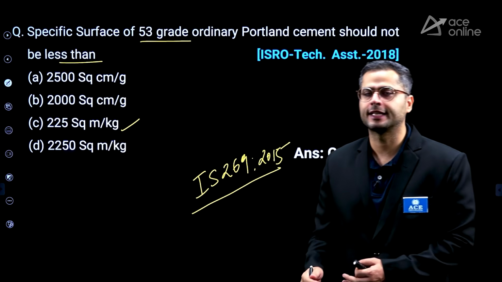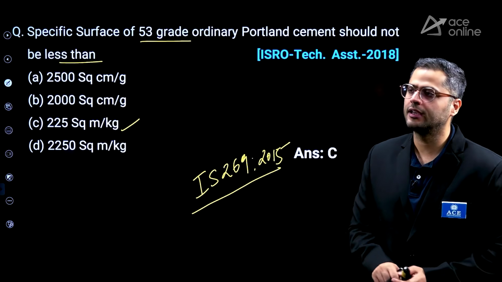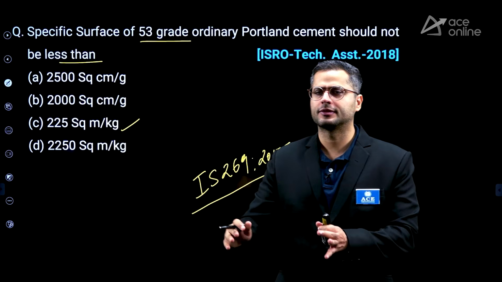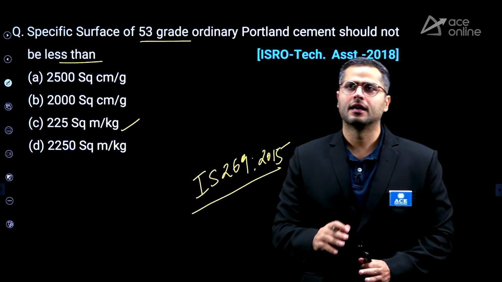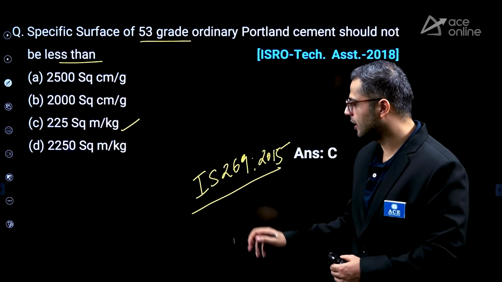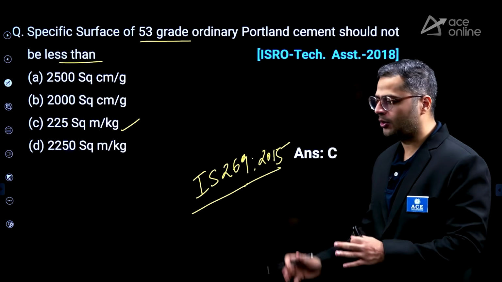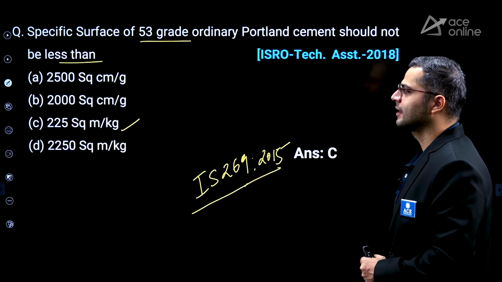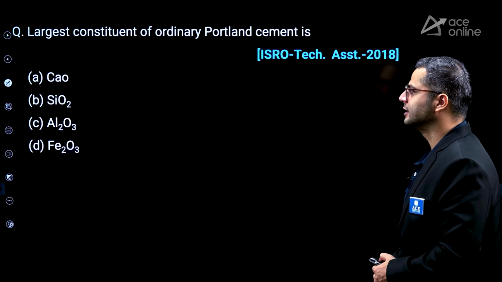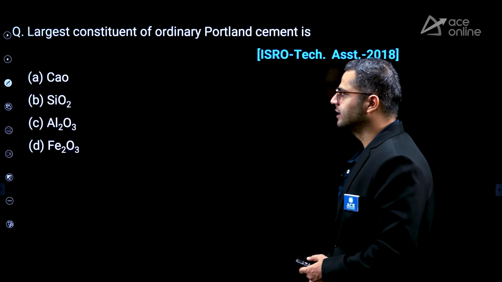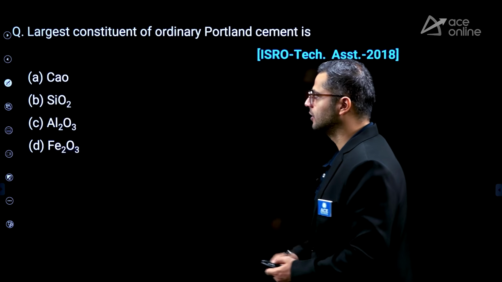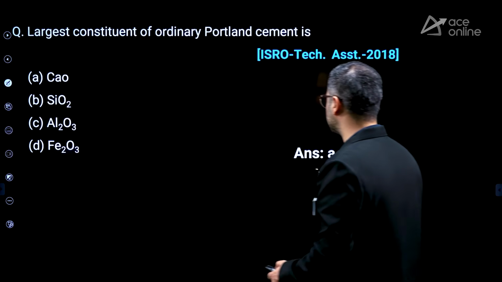So previously, for OPC grade 33, OPC grade 43 and OPC grade 53, the codes were different, right? Now all of these codes have been merged in IS 269 2015. You would see that all of the grades are there, and you can refer to it that it is 225 square meter per kg. Next one is, the largest constituent of ordinary Portland cement is. So it is actually lime. So the answer is what? A.